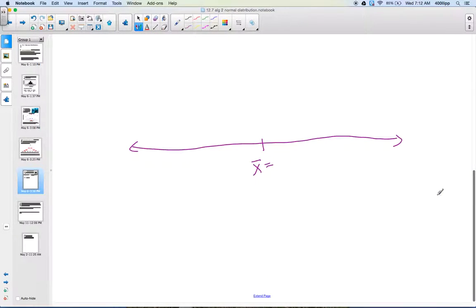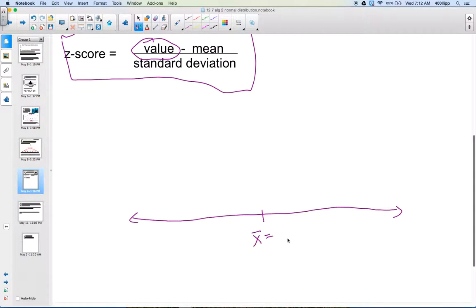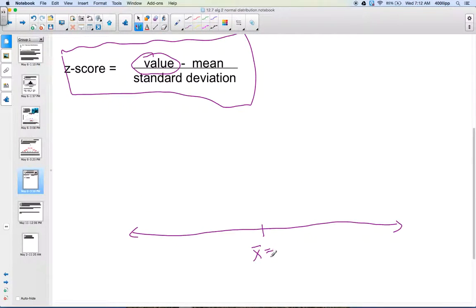So 13 hours goes right in the middle. Then we're going to have 1 standard deviation above, so we add 3 hours. Here's 16.